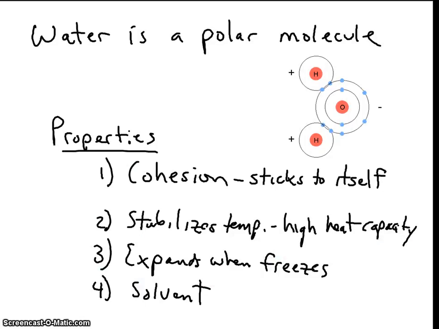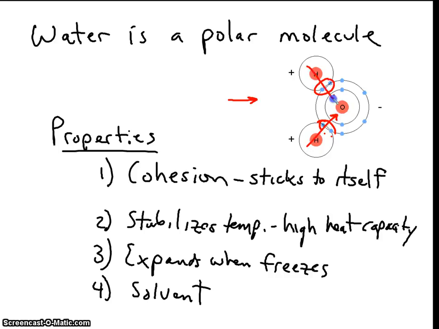So the first thing to know about the water molecule is it's a polar molecule. What that means is there's a partial separation of charges. If you look at the diagram in the upper right-hand corner, you will see that the hydrogens and oxygen are sharing electrons, right here and right here. But oxygen has really high electronegativity, and because of that, it's going to hog the electrons.